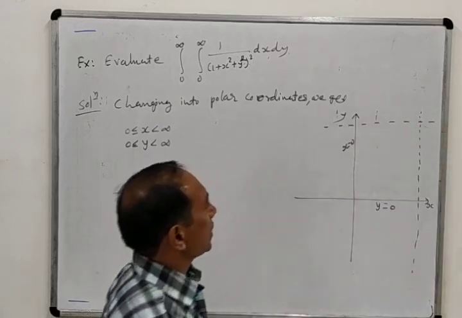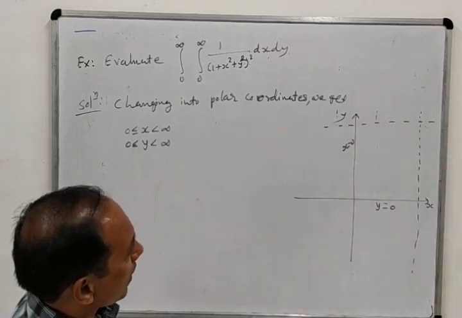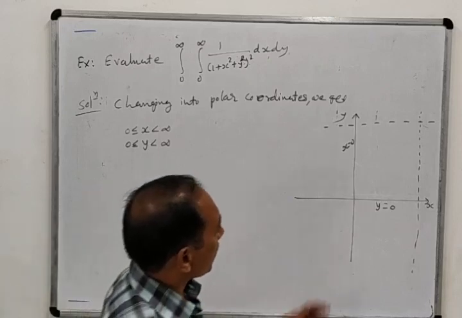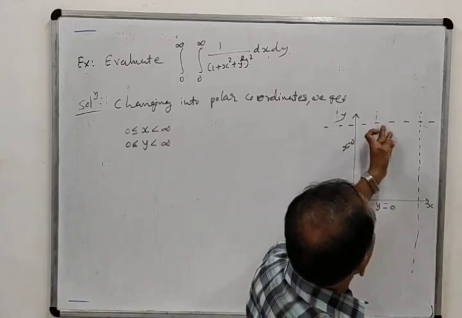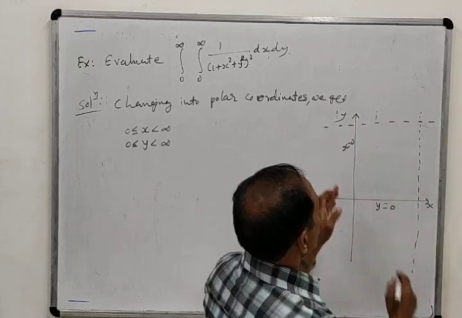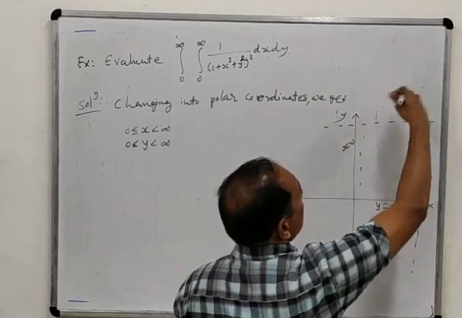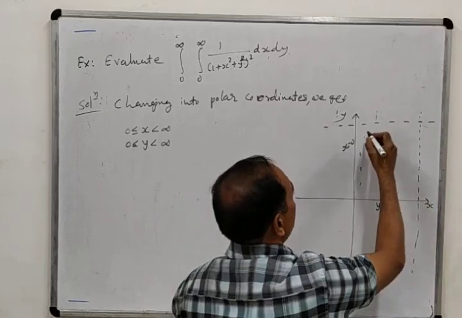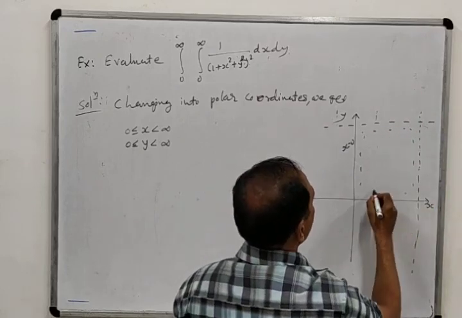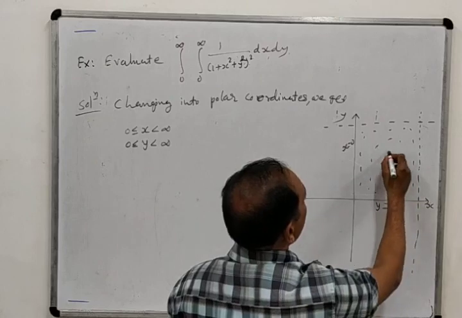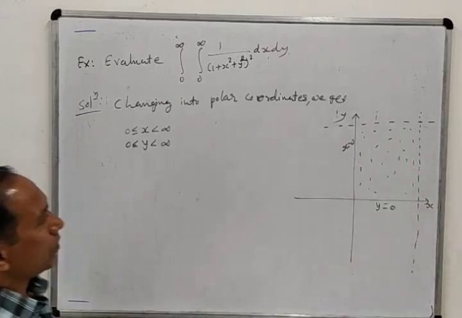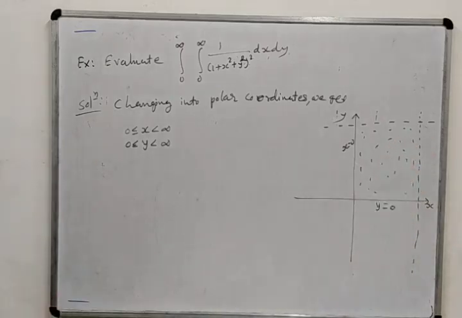So we can draw this using a dotted line. This means these dotted lines are not fixed lines. So which is the region? This is the boundary, and this boundary is actually open. So the region is the whole first quadrant.